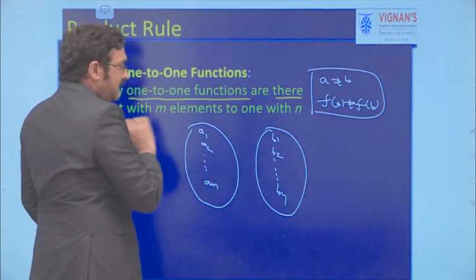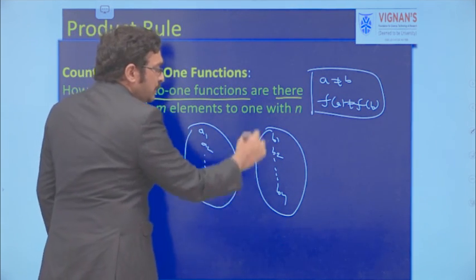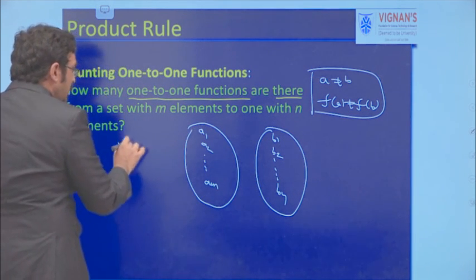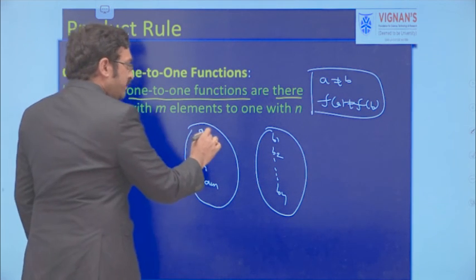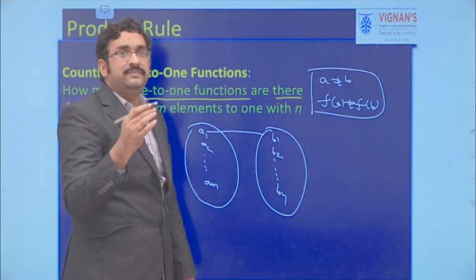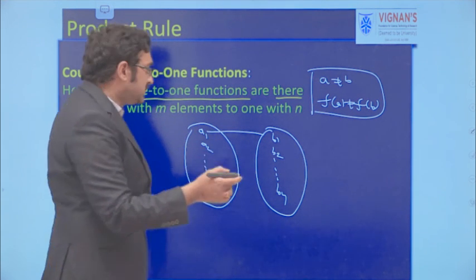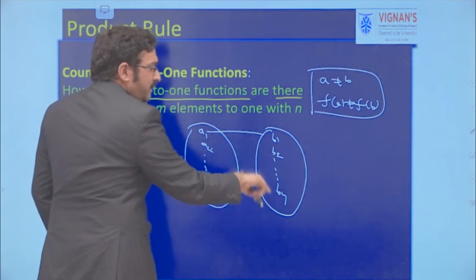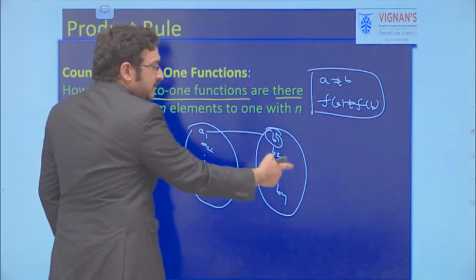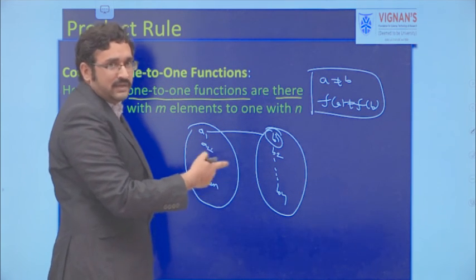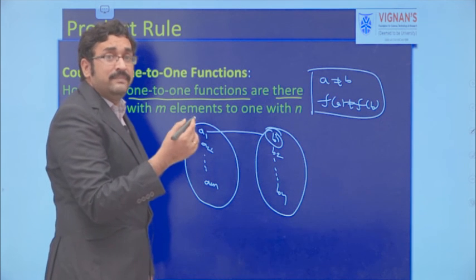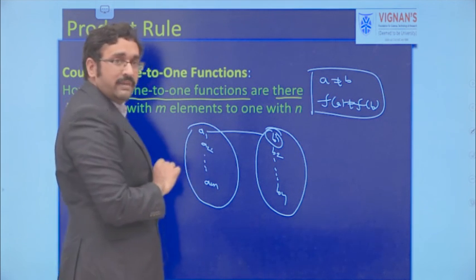For example, see here a1. a1 can be assigned to any of these n elements. So for the first element, we have n ways. For example, we are assuming a1 is assigned to b1. We know that distinct elements should not map to the same element. That's why a2 can map to any element in the codomain other than this element. So if we exclude this element, there will be n minus 1 elements in the codomain. So for the second element in the domain, there are n minus 1 ways to have a mapping.